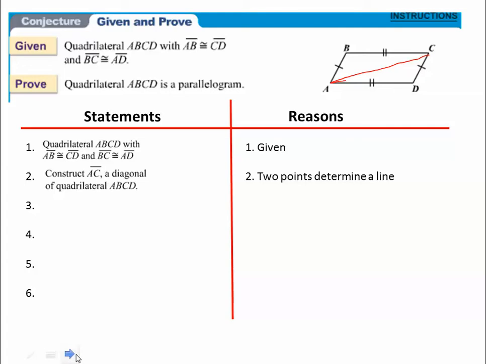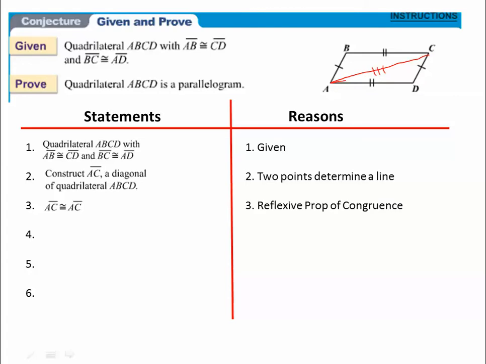I've got to prove that I got some triangles here that are going to be congruent. Okay, so if I can prove that AC is congruent to AC, then I know I will have some angle congruency by side, side, side. So AC is congruent to AC.